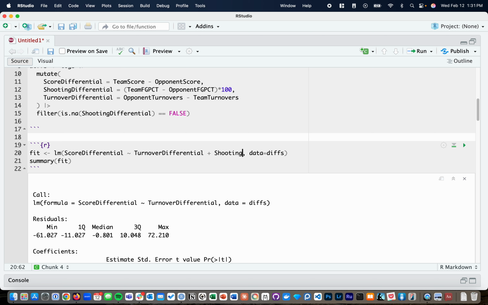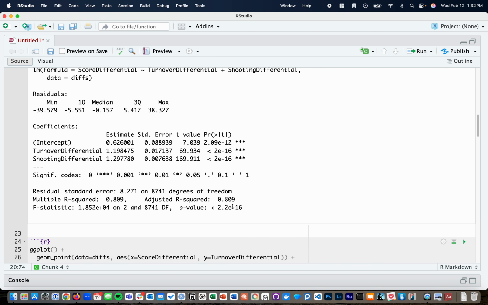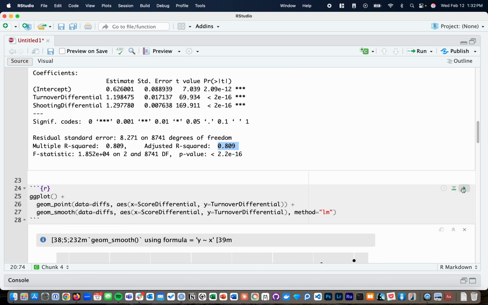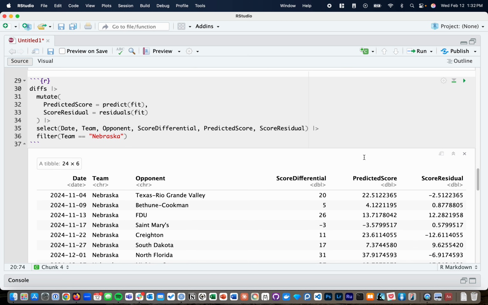This is the shooting. Really, I just did a multiple regression. I can now predict 80% of the outcome of a game. I can't graph it because I can't graph multiple things, but I can add residuals here.